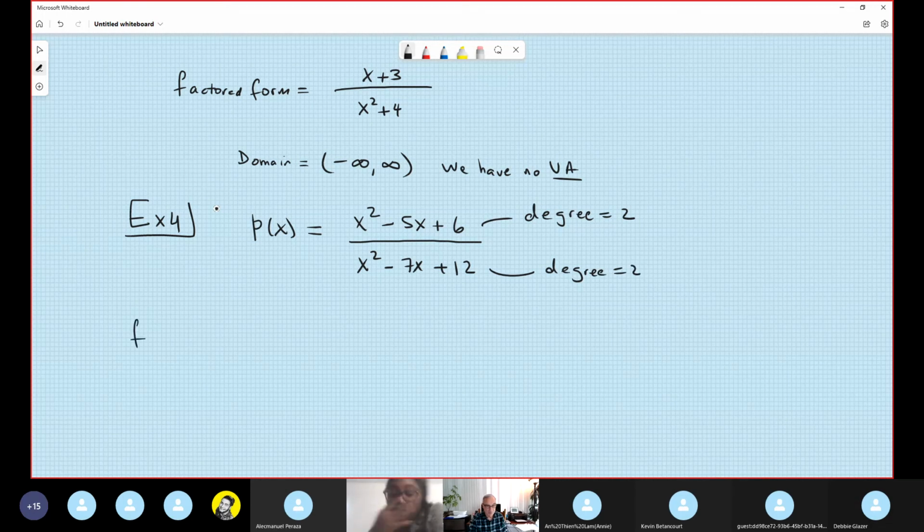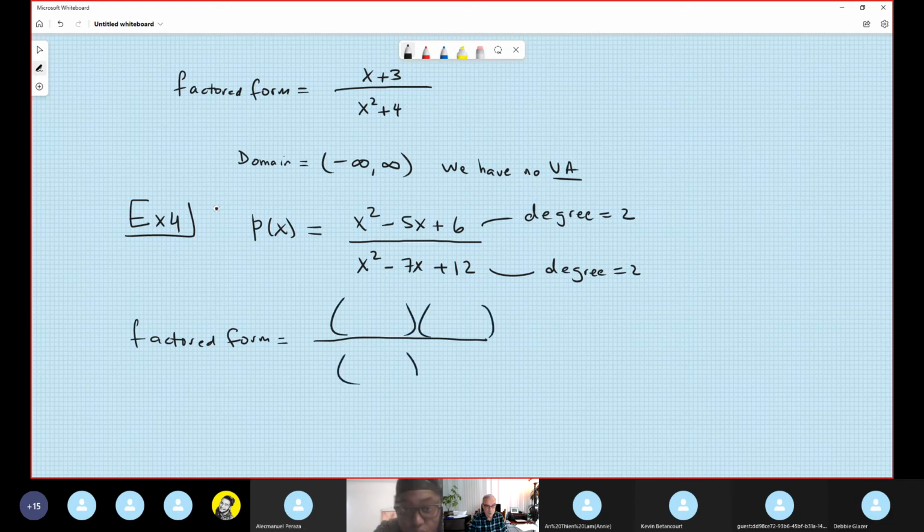Okay, now factor. Well, factorization. 2 trinomials, 1, 2, 3, and 4 parentheses. The factorization on the top is easy. It's 3 and 2, because 3 times 2 is 6 and 3 plus 2 is 5, negative both.